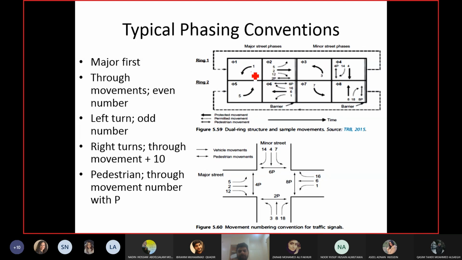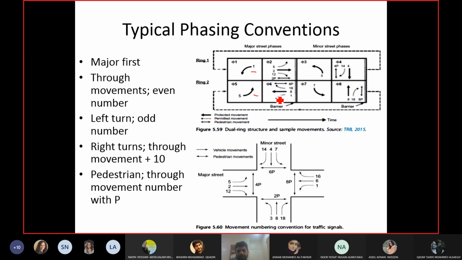You can see this left turn and this left turn are from different sides of the signal, so they are in different rings, and similarly this one, different rings, and so on. When you are showing the movement with the bold line, that means it is a protected movement, and dotted line means it's a permissive movement. So you can see the right turnings are permissive. So this is like a combination.